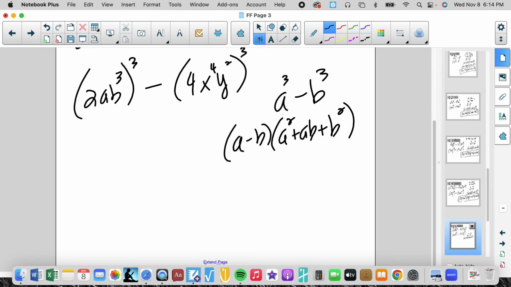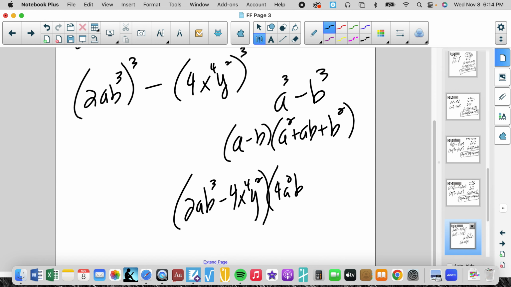So that's going to be 2ab cubed minus 4x to the 4th y squared times 2ab cubed is 4a squared b to the 6th plus 8.